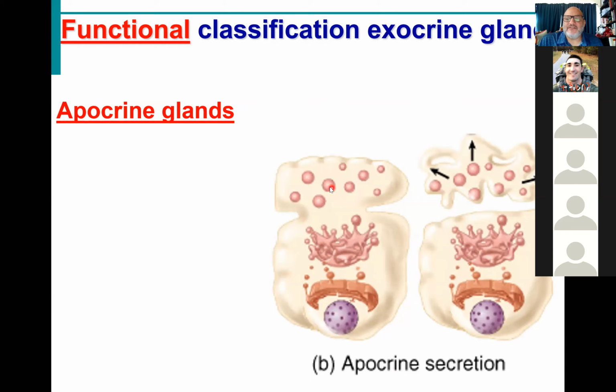But notice these vesicles don't release their contents via exocytosis. Instead, what happens here is the apical portion of the cell pinches off. When it pinches off, it is able to release its contents. It releases the secretion, but notice it also is going to end up releasing some of the cytoplasm.